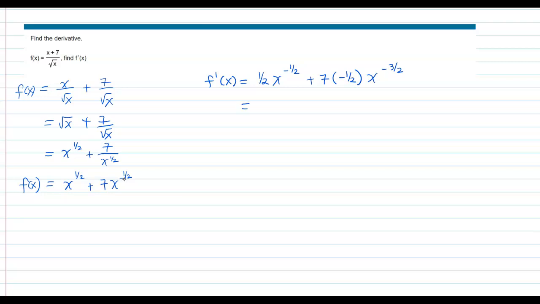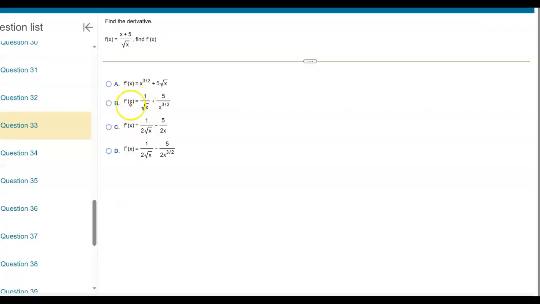If you look here, this is a multiple choice question, so you would have to write it in this format. If there's a square root, you'll just have to bring that down. So let's simplify this.